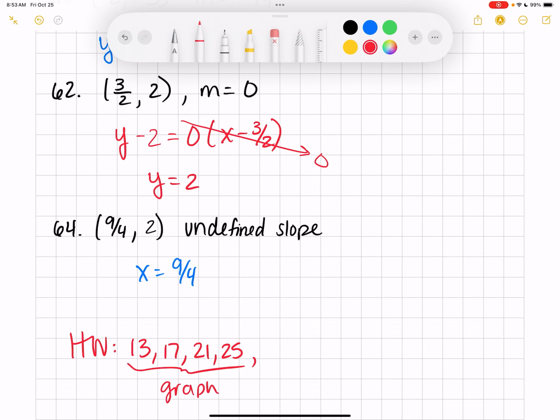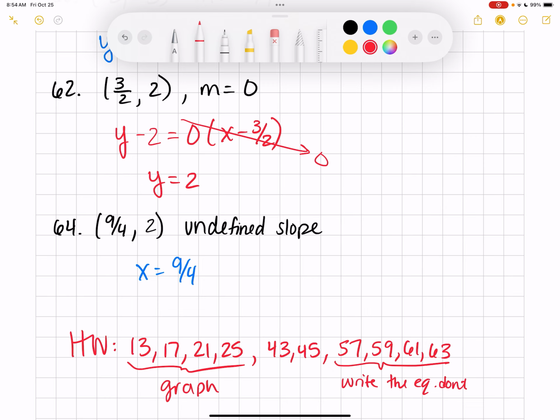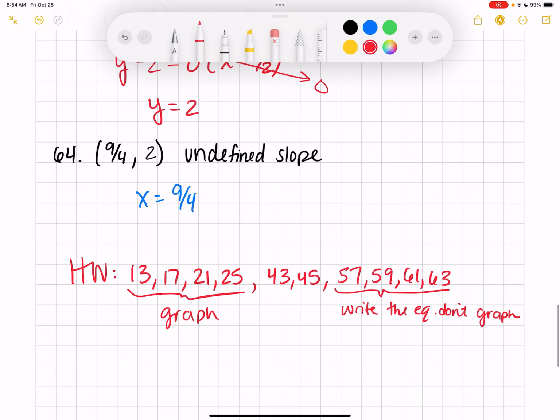And then 43 and 45 for finding slope. And then for these last ones, 57, 59, 61, and 63, you just need to write the equation like we did. You do not graph it. So, modified instructions on that.